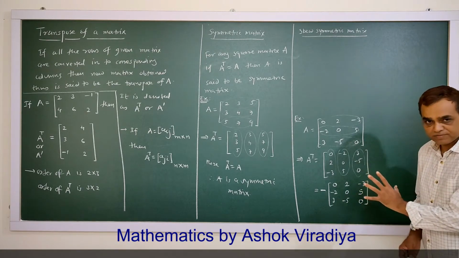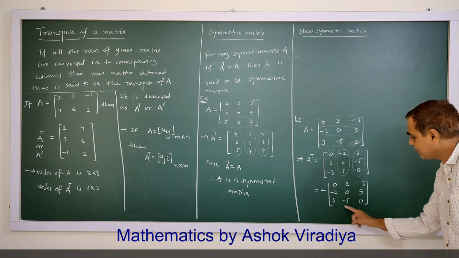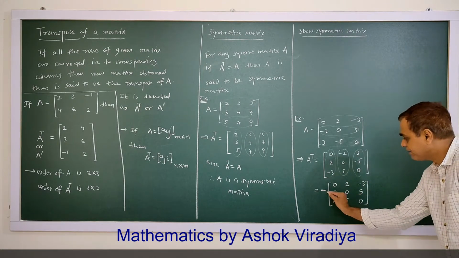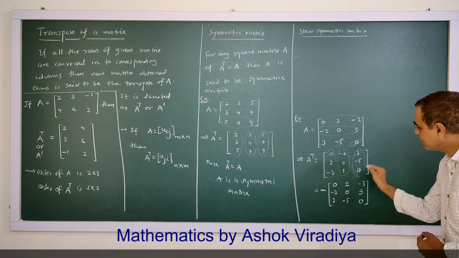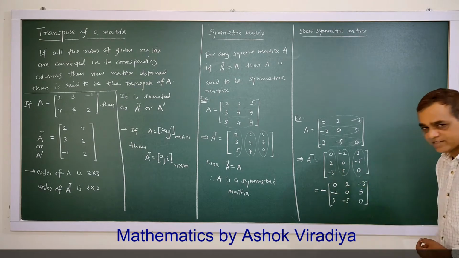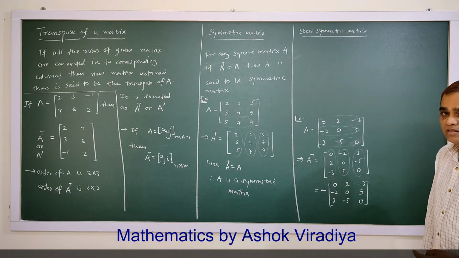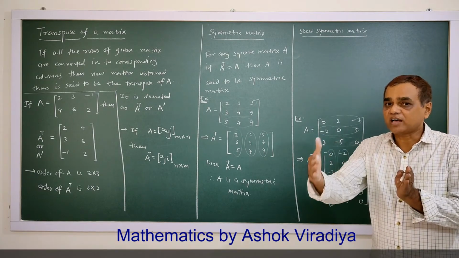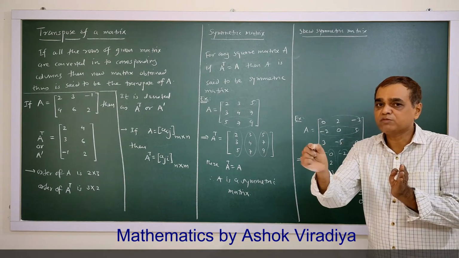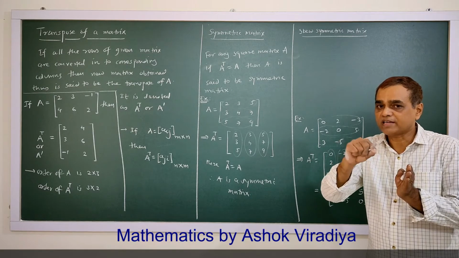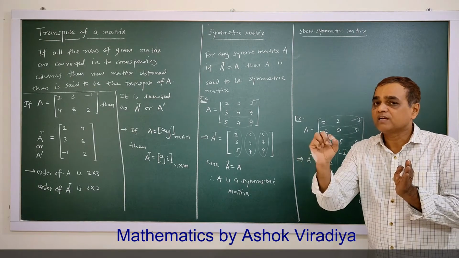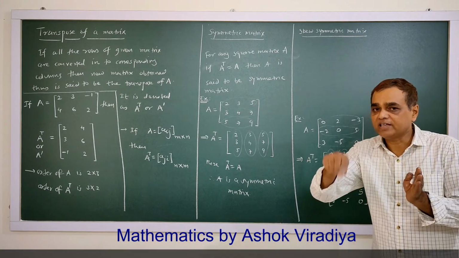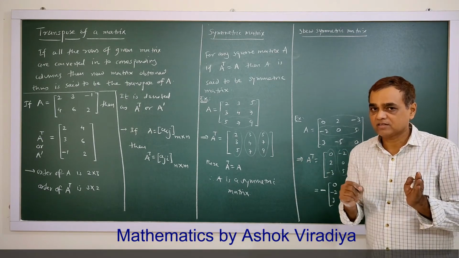So in short, we can take something common from all entries. From all entries, minus is common, so take minus. If from all entries you find a 3 common, you can take 3 outside. Whenever we perform multiplication of a matrix by a scalar, if 5 is multiplied to any matrix, we multiply 5 with every entry in the matrix.